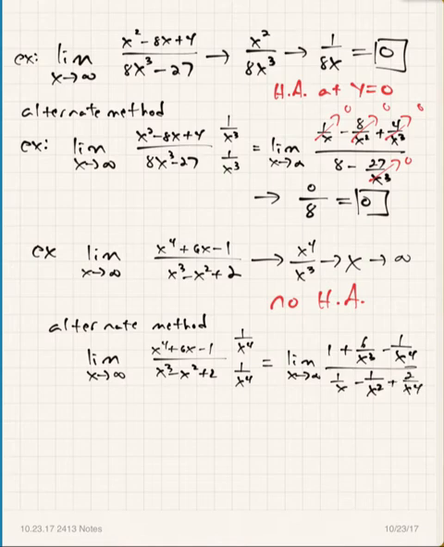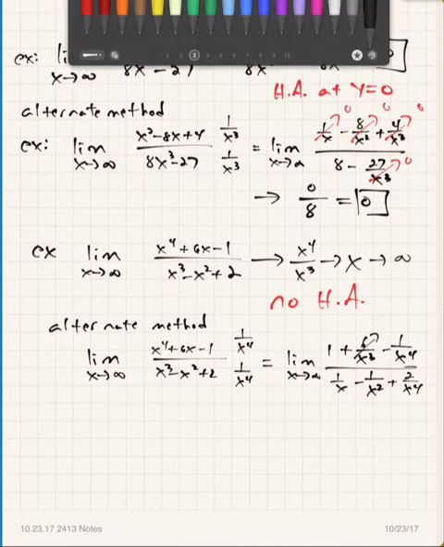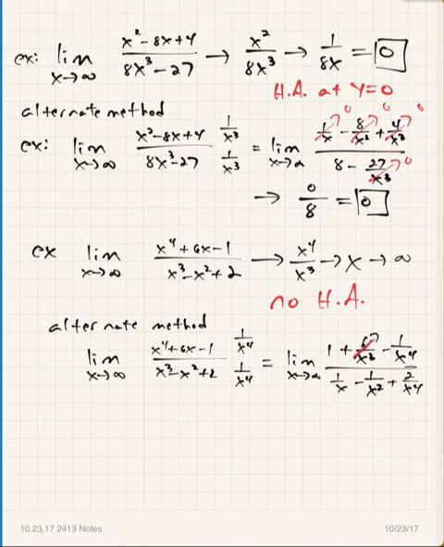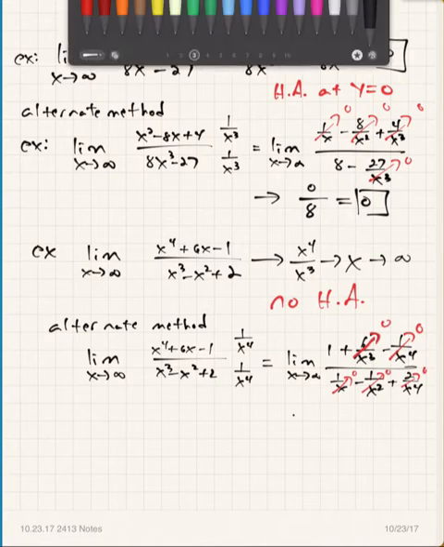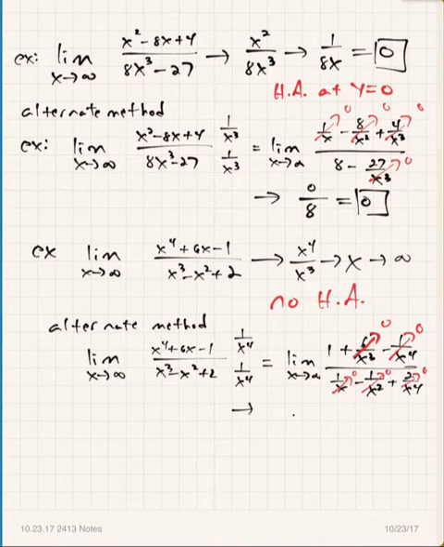All the little fractions go to 0, but notice every term in the denominator goes to 0 now. So the denominator is going to 0 and the numerator is going to 1. Remember, when the denominator is going to 0 and the numerator is going to a constant, then you are getting either infinity or negative infinity as the answer. In this case, you get infinity as the answer.